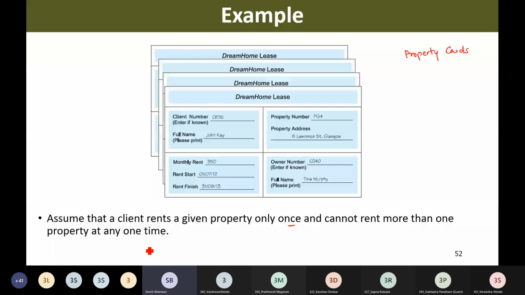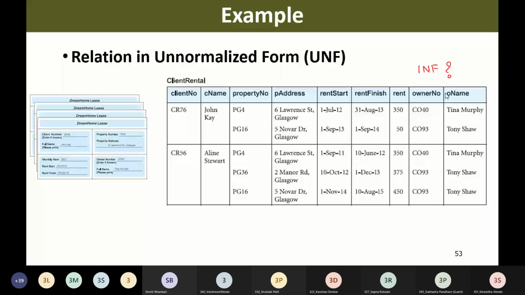By dumping all the attributes in a single table, we come up with such a relation, wherein we have all those attributes: client number, client name, property number, property address, rent start, rent finish, rent, owner number and owner name. So we have all of them in this relation.